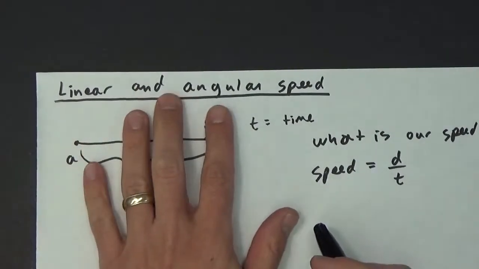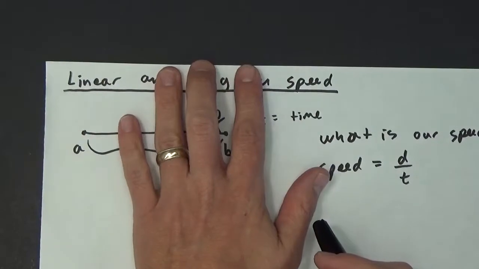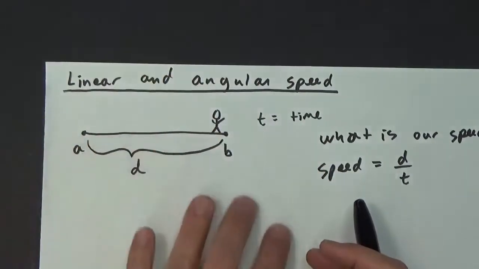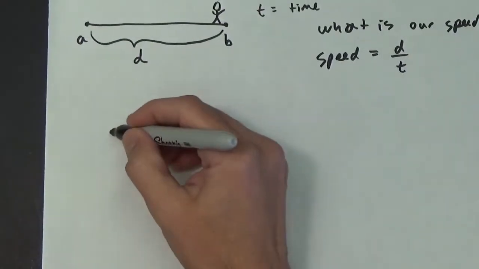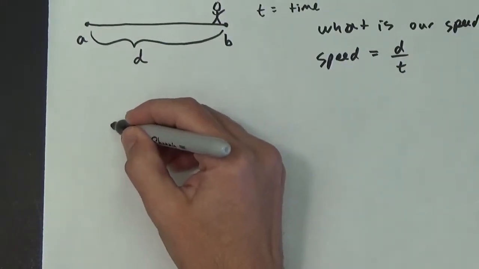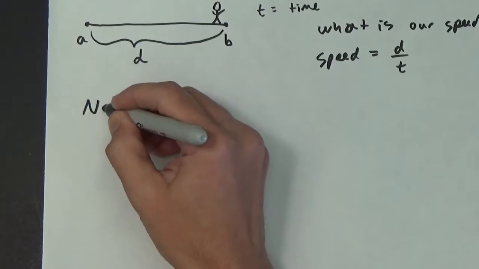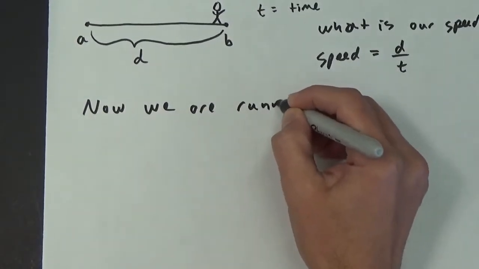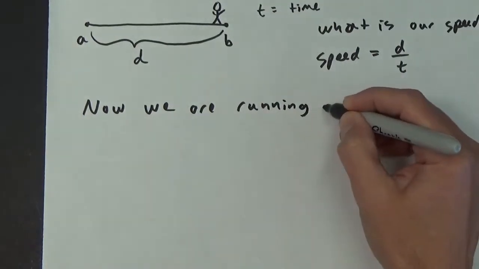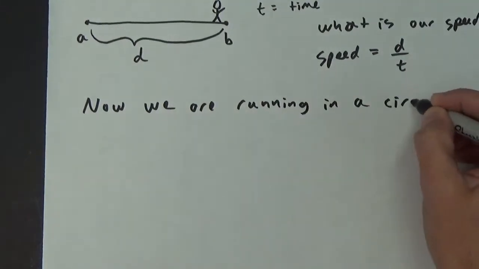When we talk about linear speed, so we'll first talk about linear speed, we're going from a straight line and we're going to a curved or circle. So let's say we're running on a circle. Now we are running in a circle.